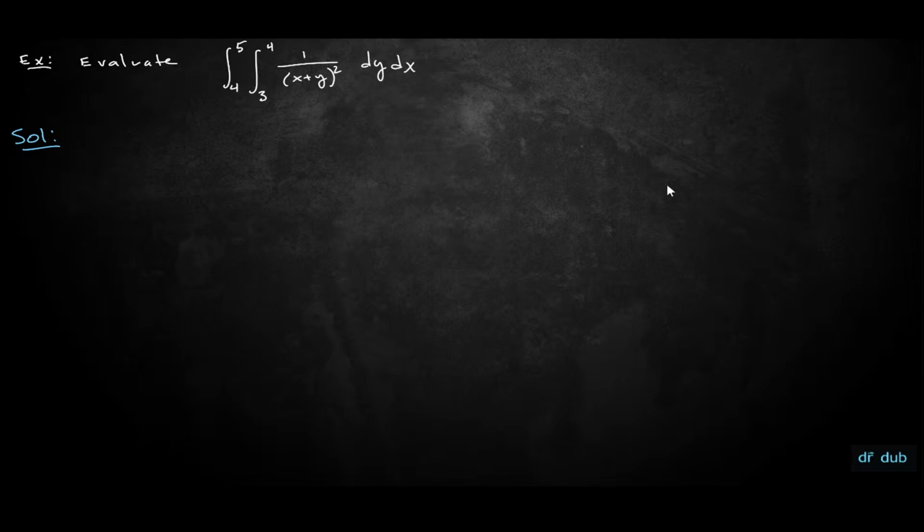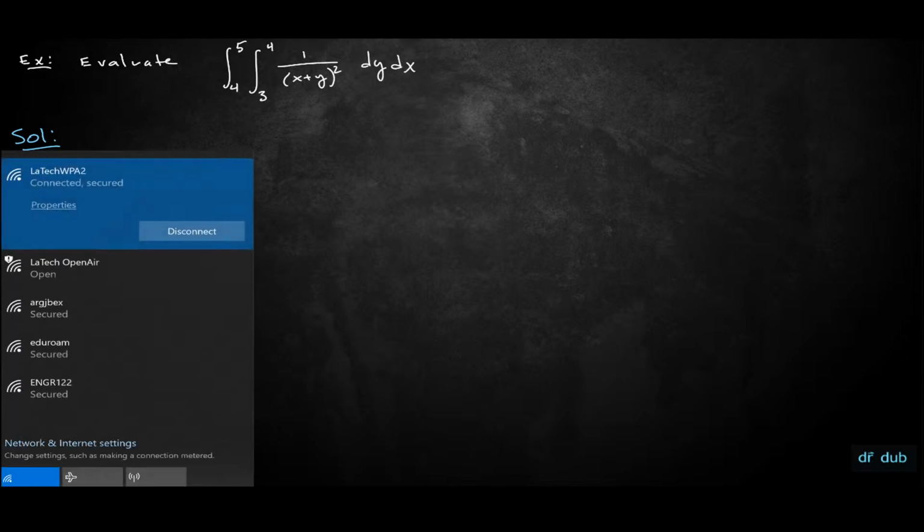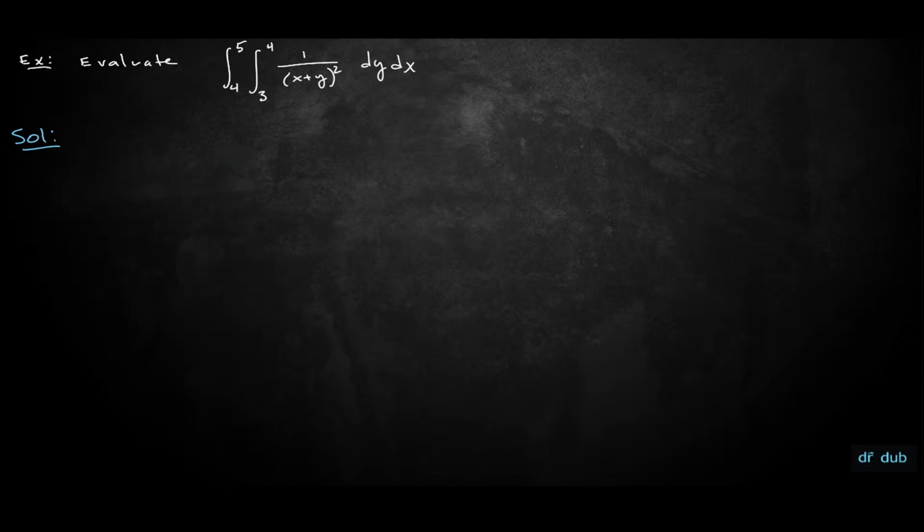So if we were going to do an integral, if we had something like 1 over x plus 2 squared dx, we would use a u sub.